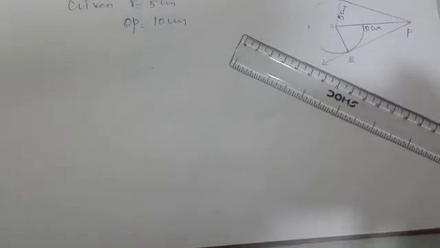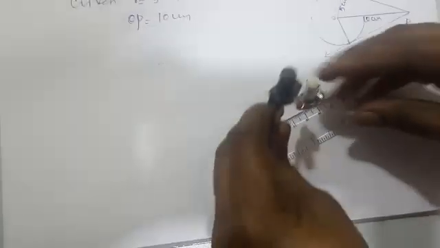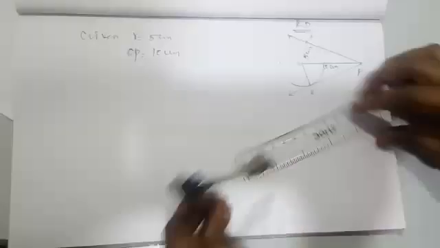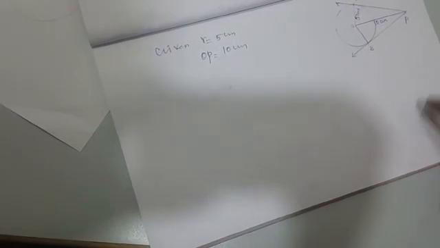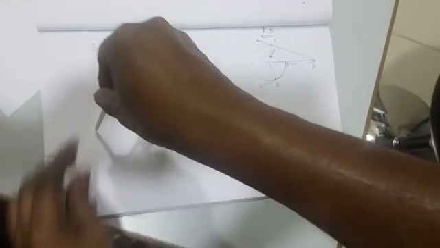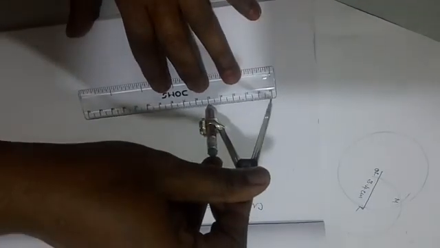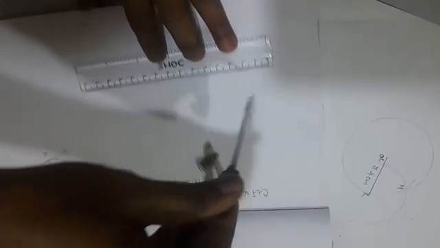Now let us see the main diagram. The radius is 5 cm, so first take a radius of 5 cm on the scale. You have to keep the note like this. Horizontally we have to draw the figure. Take a radius 5 cm on a scale.